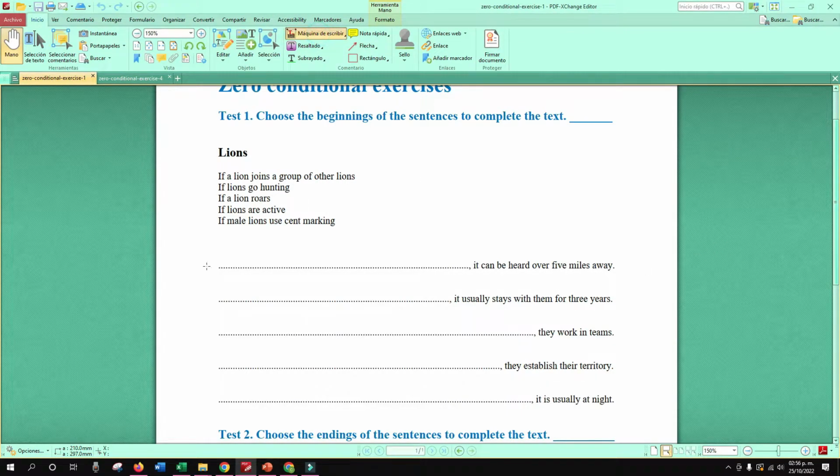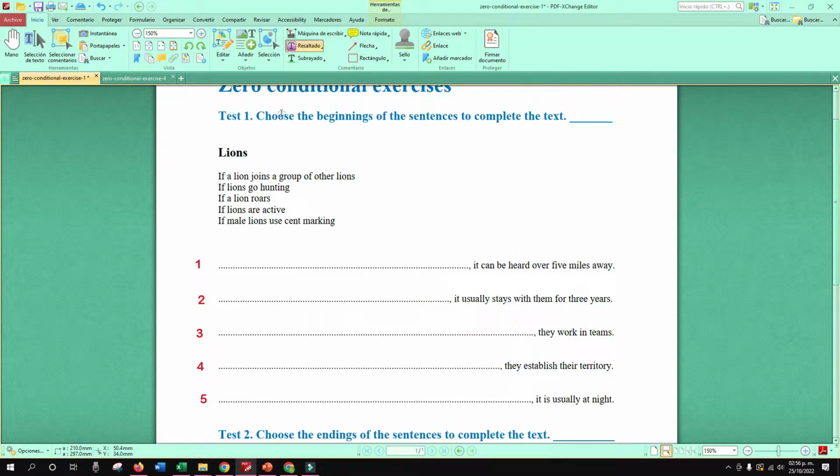I will write down the numbers, right? 1, 2, 3, 4, and 5. So also you have here, right, 5 sentences with the if conditional, right? So there you have here the result. So you have to choose the best beginning to these sentences, right?